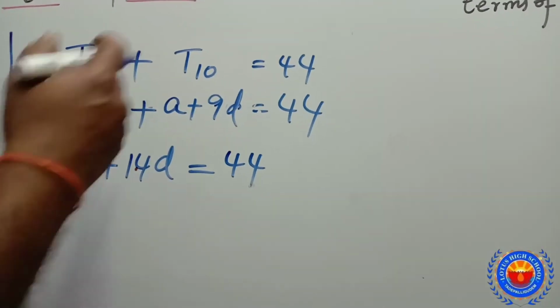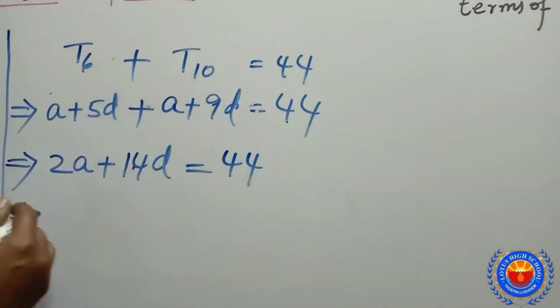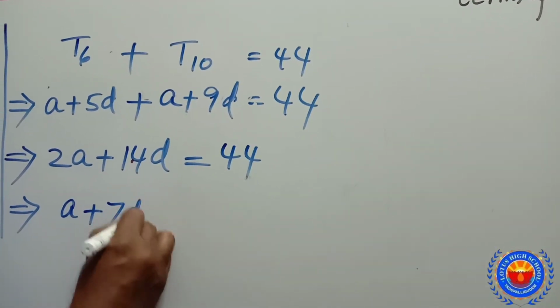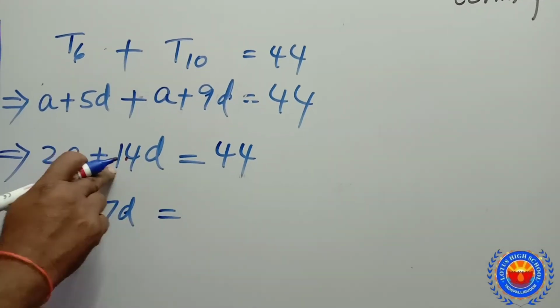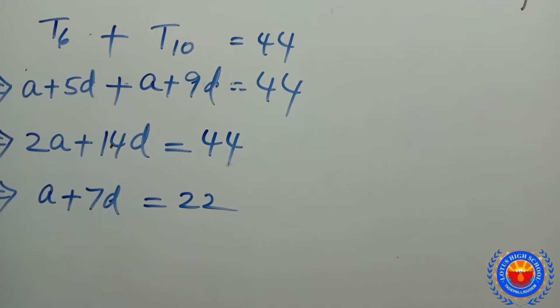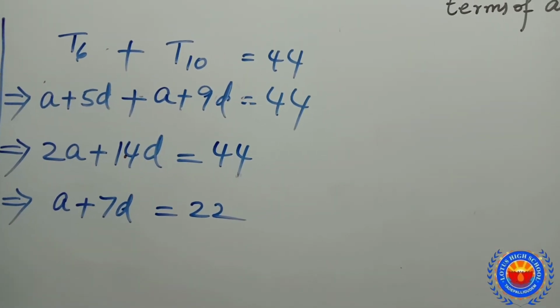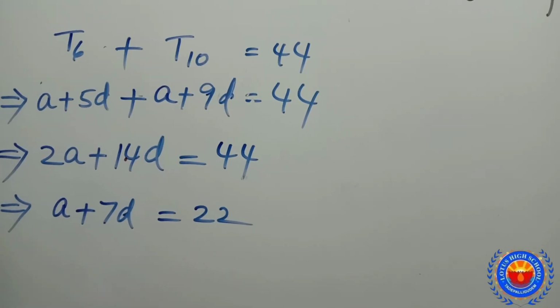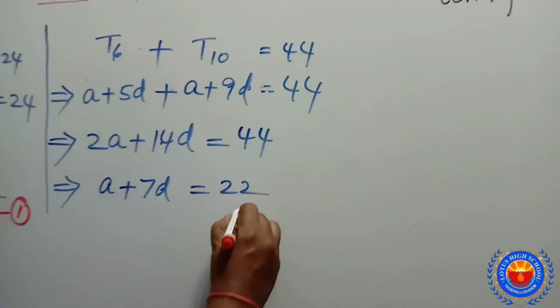The 2 is transferred to the other side, divided by 2. So A plus 7D, 14 by 2 is 7D, and 44 by 2 is equal to 22. This is equation 1 and this is equation 2.